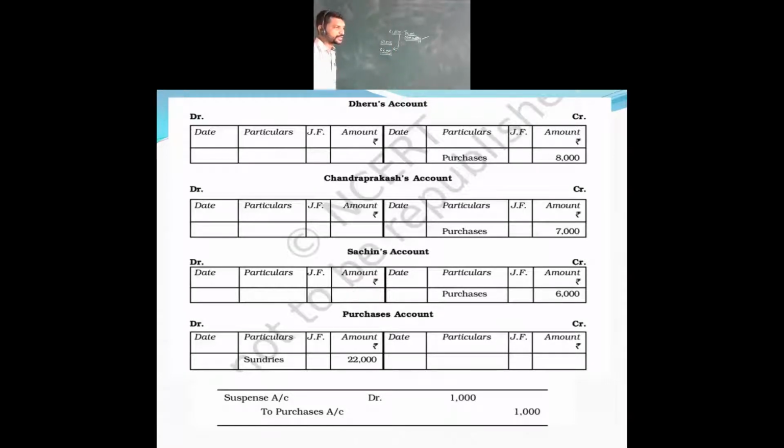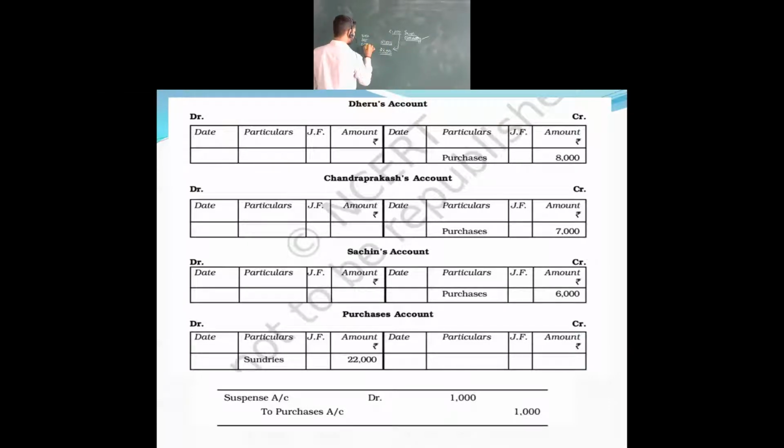So all the entries are given here. Ledger accounts are given. Dhiru's account is shown over here: purchase of rupees 8,000. Then Prakash, purchase is 7,000. Then Sachin's is 6,000. So almost all amounts are correct. The first one was 8,000, then 7,000 and 6,000.